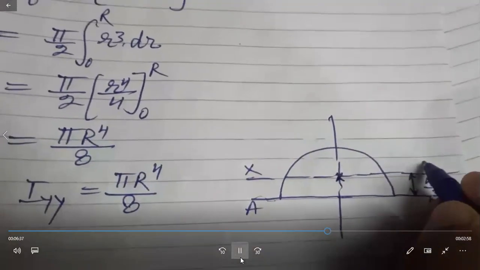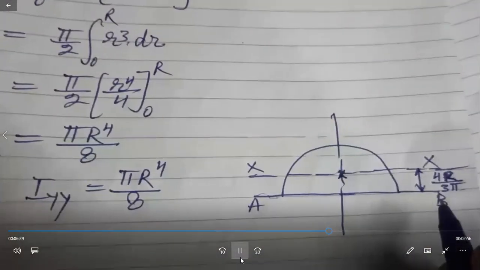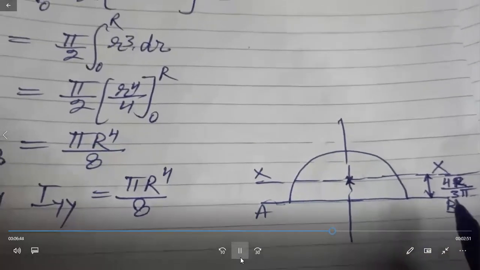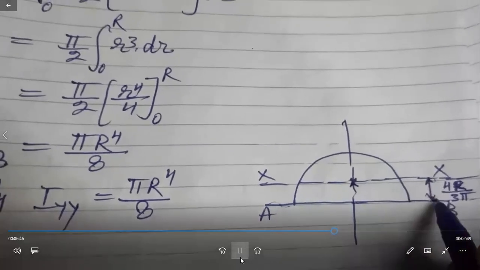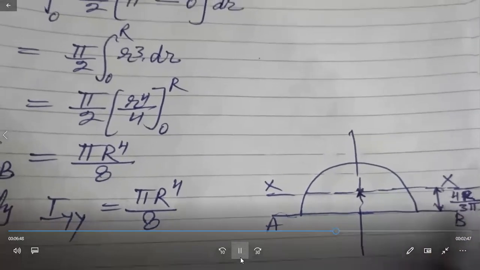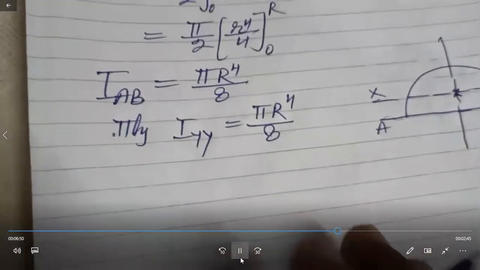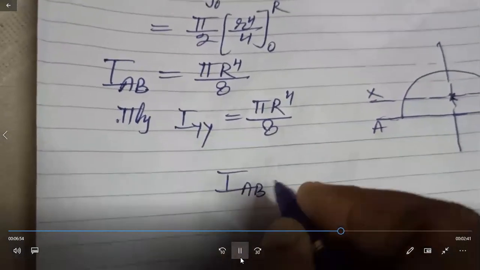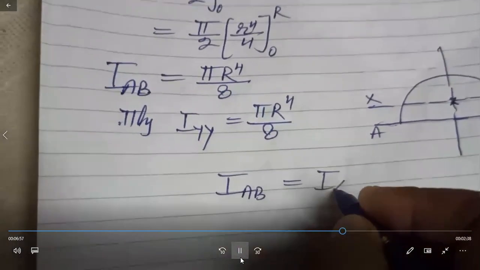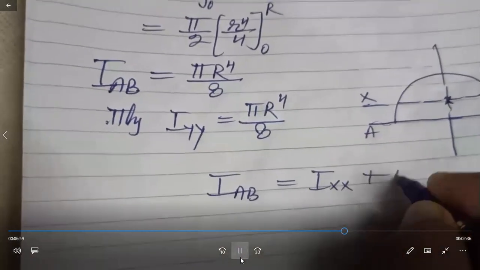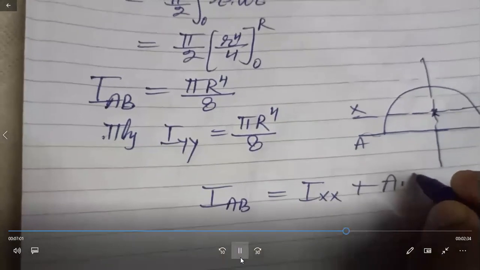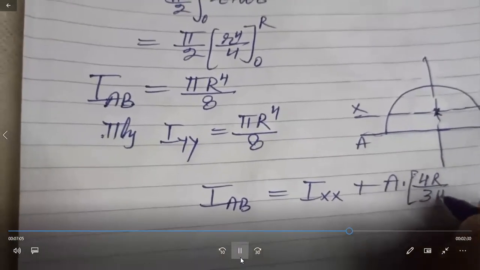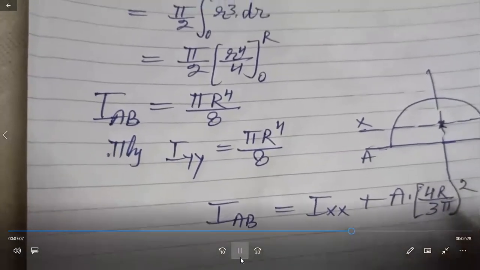So now we will transfer it about xx. So it will give Ixx by the parallel axis theorem, and the distance between the parallel lines is 4r by 3 pi. So now on putting by the parallel axis theorem, IAB is equal to Ixx plus A into the distance square, 4r by 3 pi whole square.